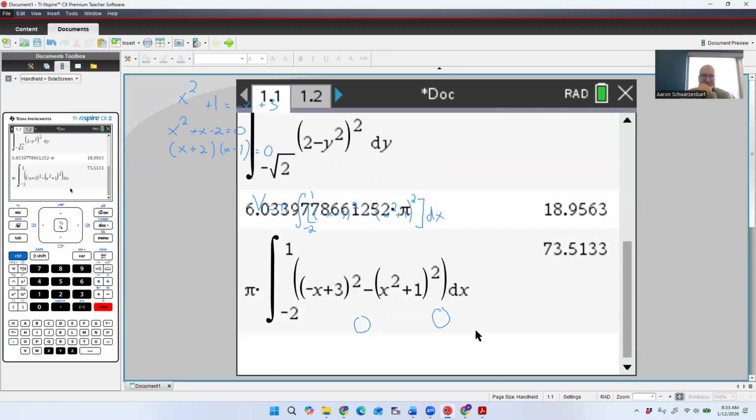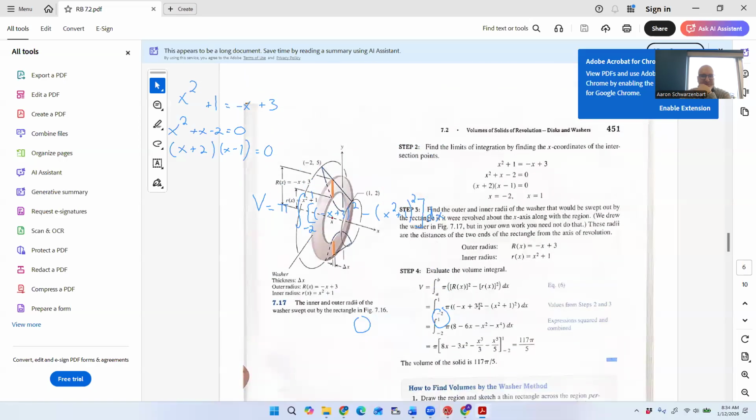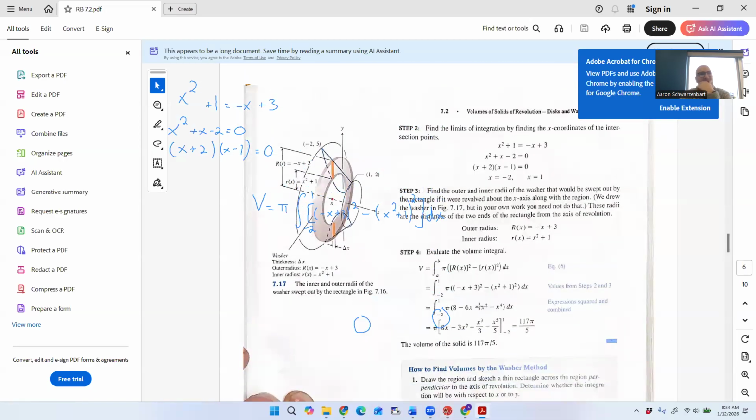73.5. This must be very bad that it didn't give this in terms of pi. Yeah, 117 pi over 5.